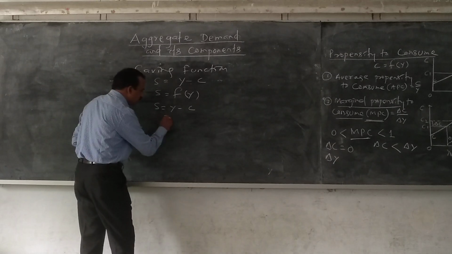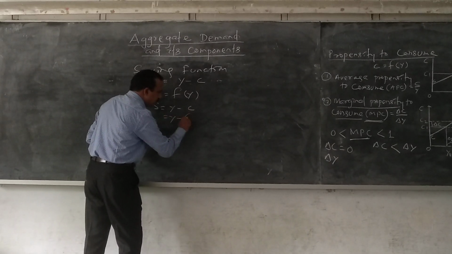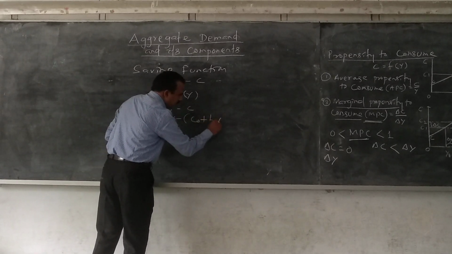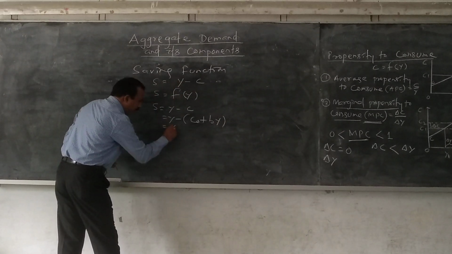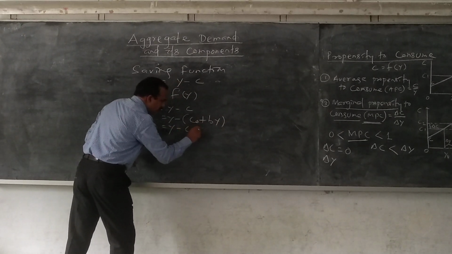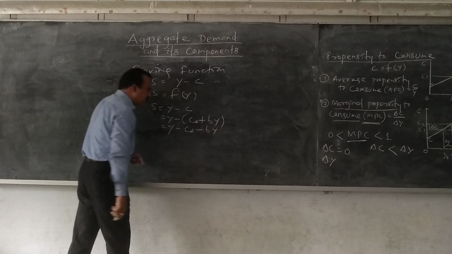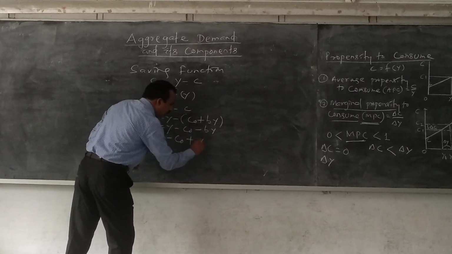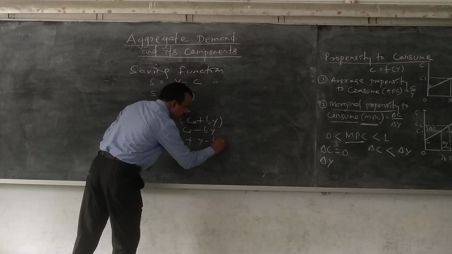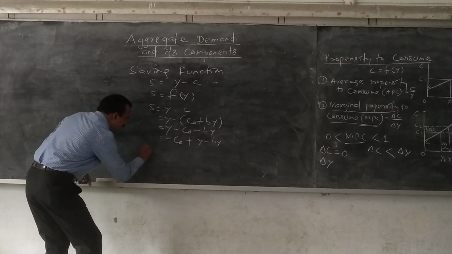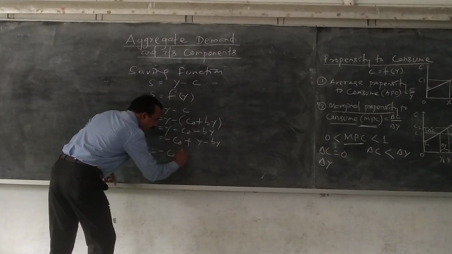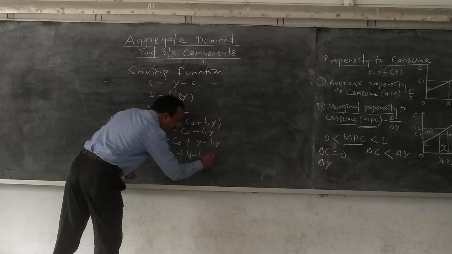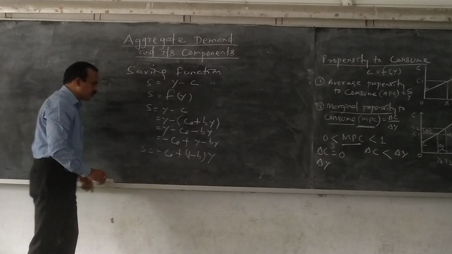Here you know C is your c0 plus bY. So S is equal to Y minus c0 minus bY, which is minus c0 plus Y minus bY. So S equals minus c0 plus (1 minus b)Y.